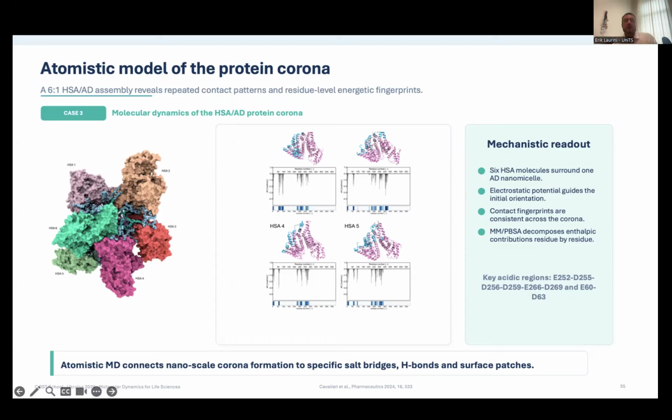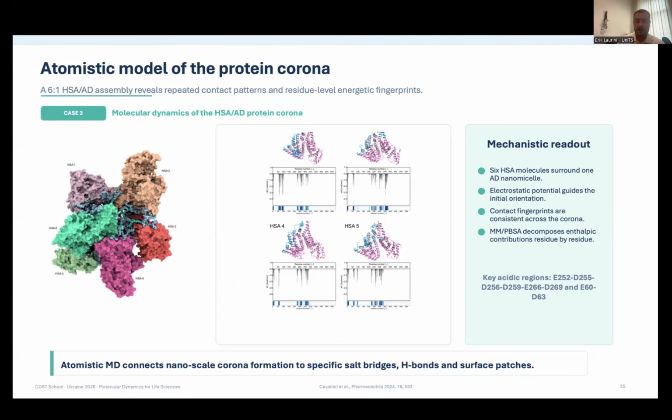We were able to define the electrostatic interaction between each albumin and the nanovectors, and also to describe the key amino acid regions inside the albumin in order to create an amino acid map and see which kinds of residues are more involved in surrounding and absorbing onto our nanomicelles.